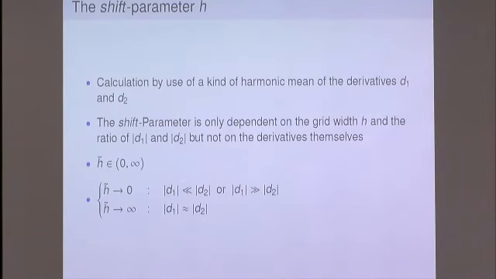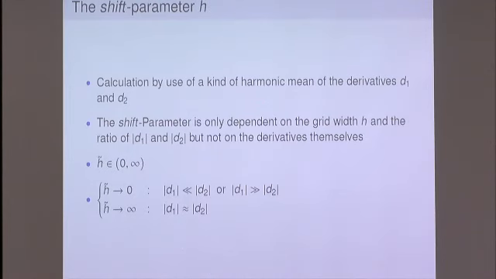The idea is that the shift parameter should depend on these two derivatives, and it should work in the following way: if these two derivatives are equal, this means that either the function is linear, or you have a local maximum or minimum there, then at least for a linear function, we want to have a shift such that we also get some type of linear function.